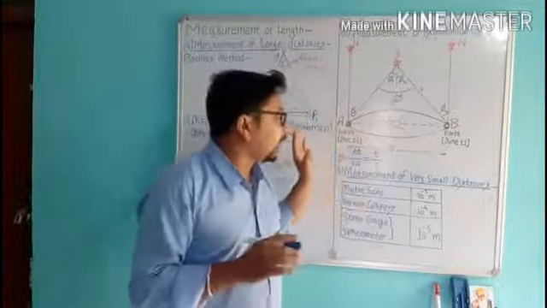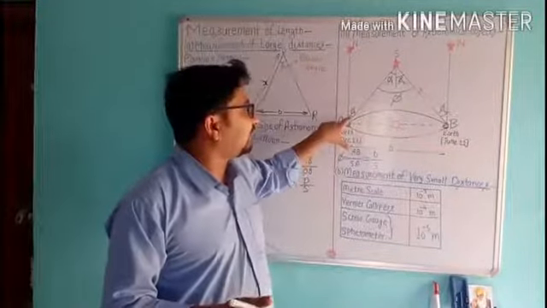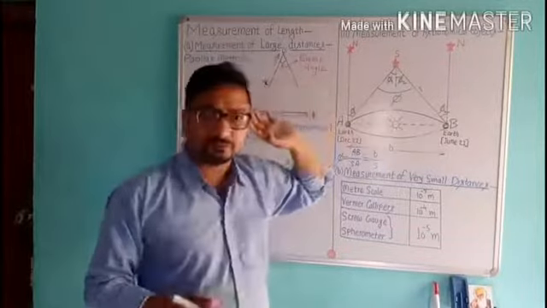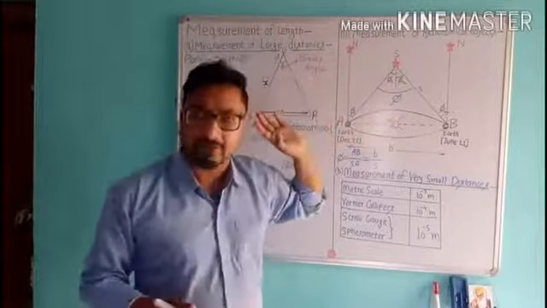Now geometrically you know that if this angle is phi1, then this angle is phi1, and if this angle is phi2, this angle is phi2. Phi1 plus phi2, suppose phi.